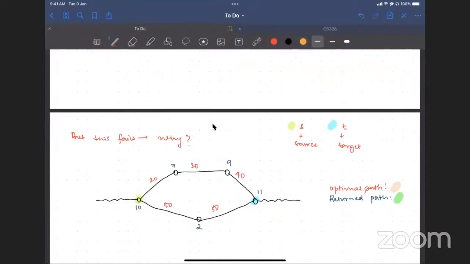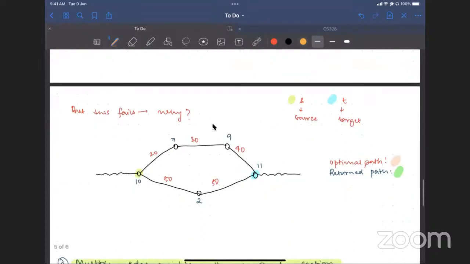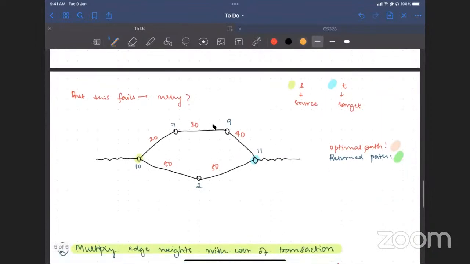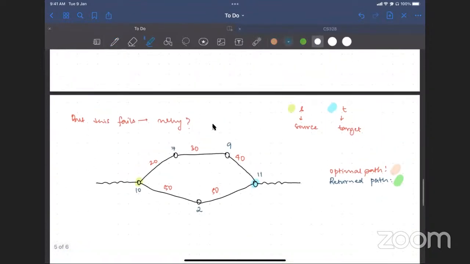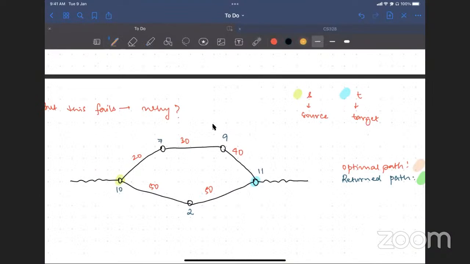Notice that I have laid this out as an undirected network because in the question the roads are bidirectional, so traversing to and fro has the same cost. And this still fails in this scenario. I'll tell you why.